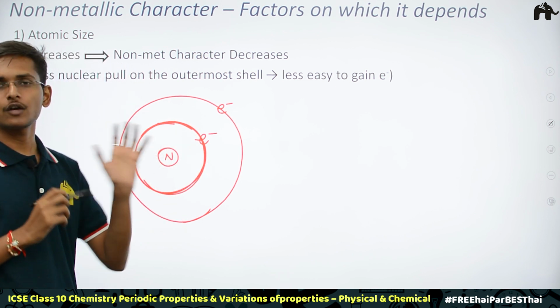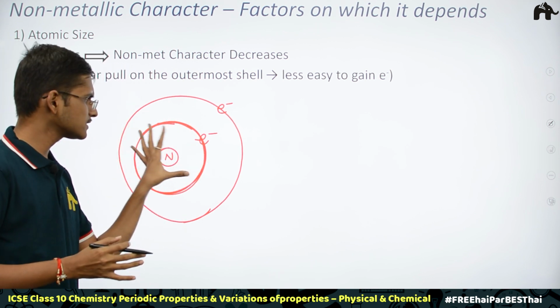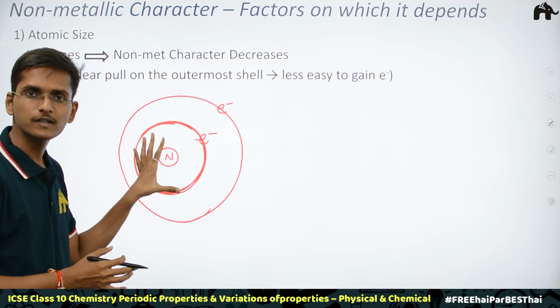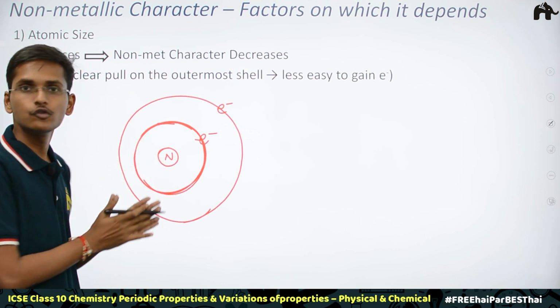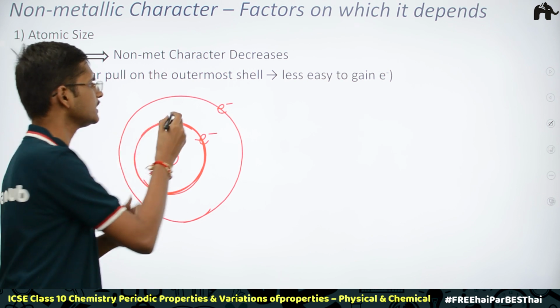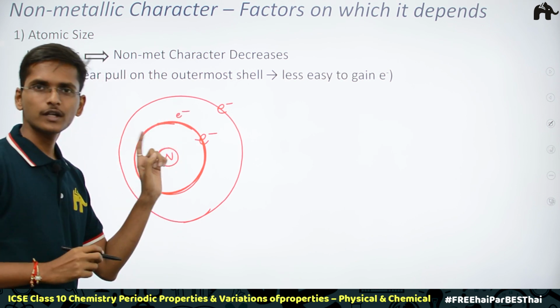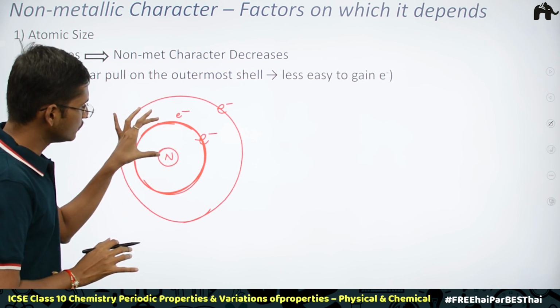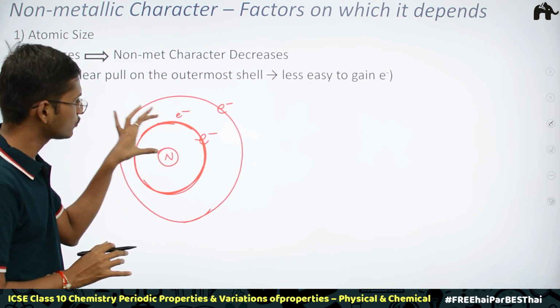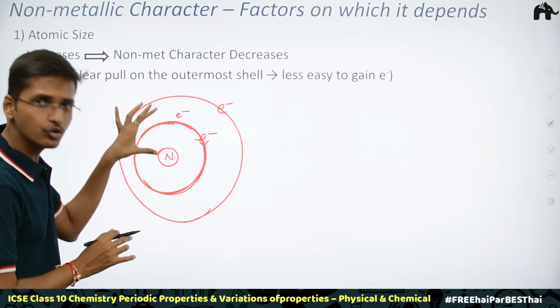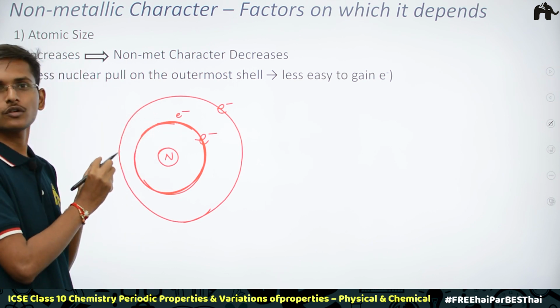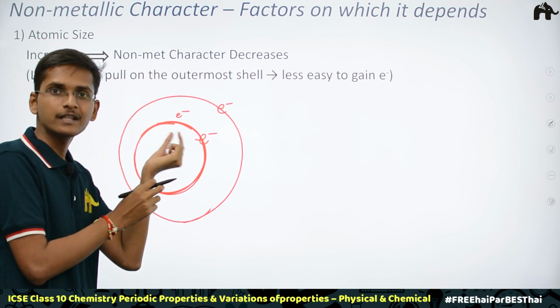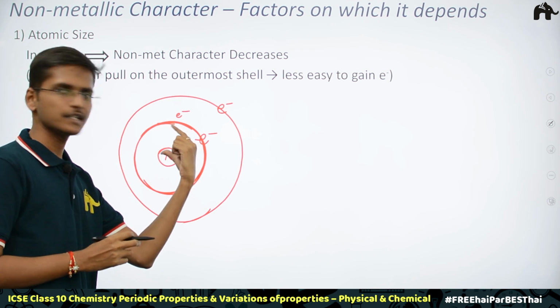In this case, since the outermost shell is closer to the nucleus, the nucleus has more influence over the outermost shell. So whenever an electron comes closer and the atom tries to gain that electron, since the nuclear influence is more, it would pull that electron, so it would be easy to gain an electron in the first case.